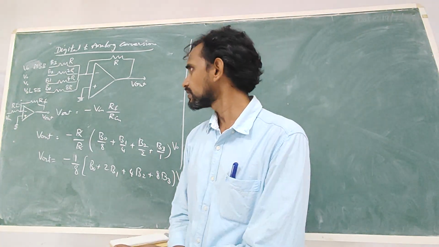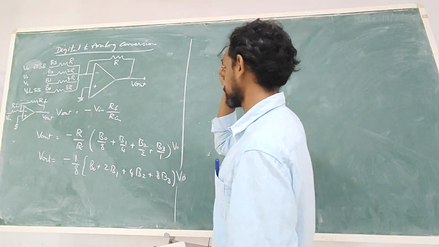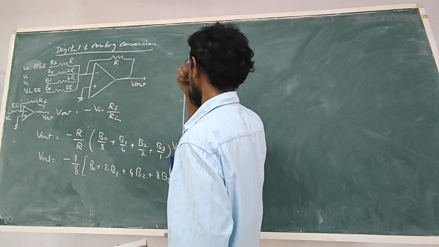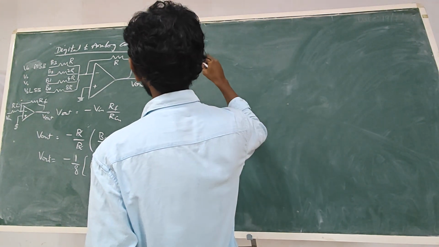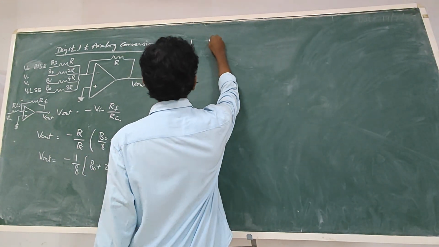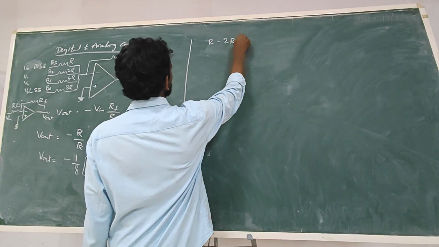Okay. Now another method of doing the same is using a ladder circuit. It's called an R to 2R ladder.